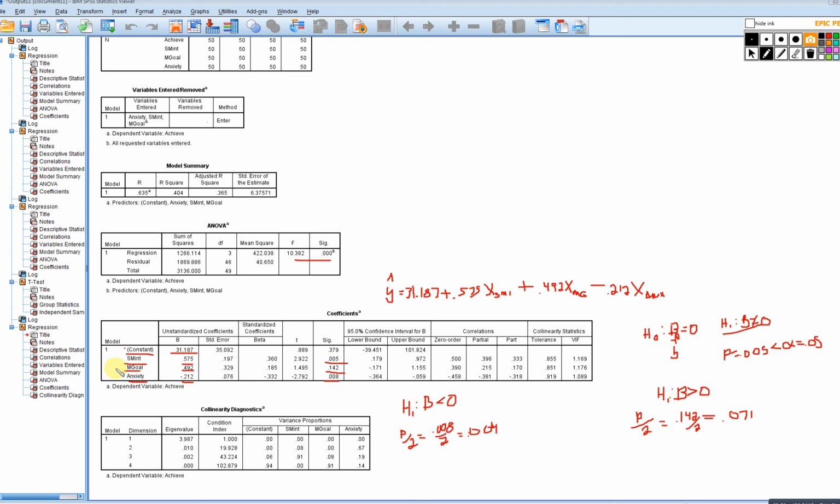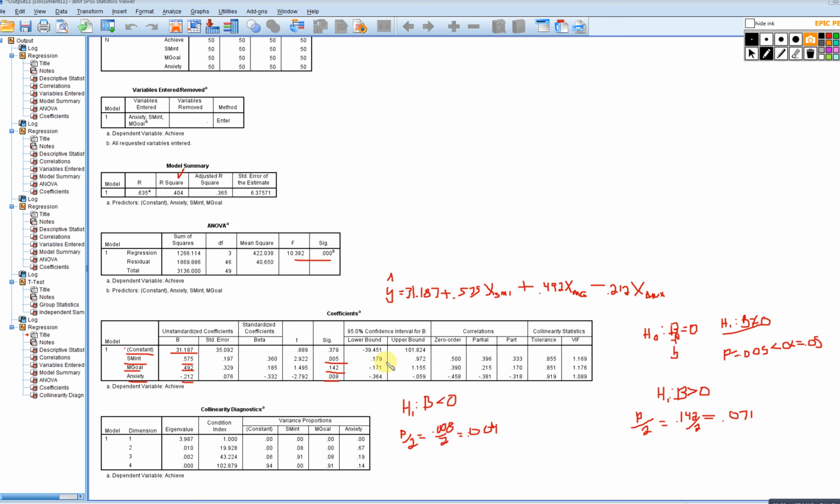Mastery goals was not a significant positive predictor of achievement. Anxiety was a significant negative predictor of achievement. So really, what I would be concluding is that subject matter interest and anxiety are really the drivers behind the association between the set of predictors and the criterion variable, which is reflected in the R-square value printed above.